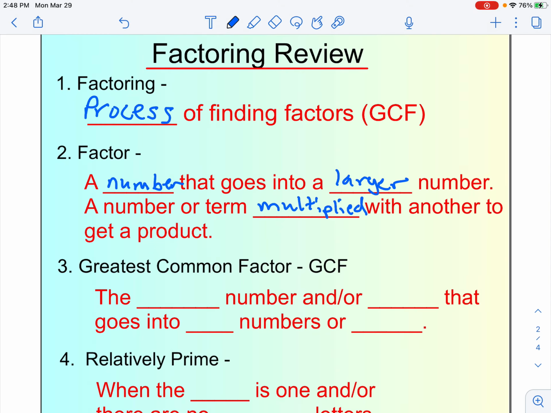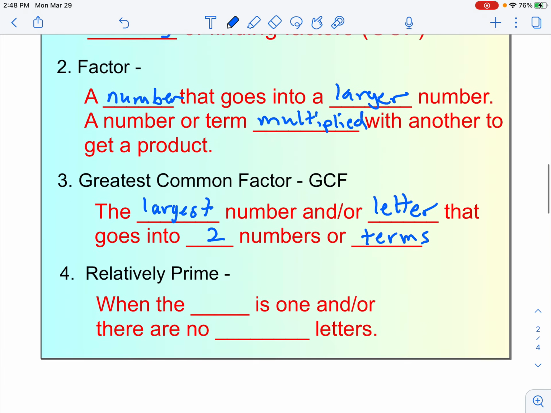So the greatest common factor is the largest number and or letter or variable that goes into two numbers, or what we call terms.